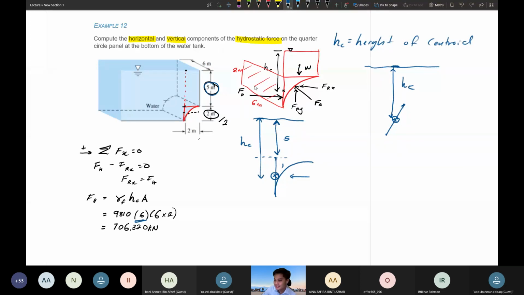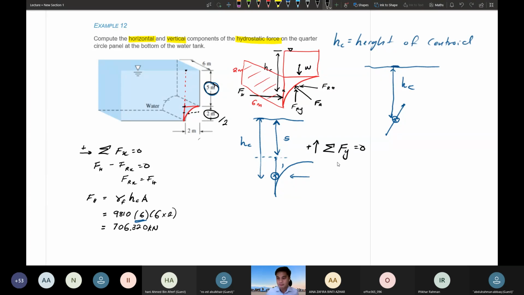Okay, so this is how you get the horizontal. And how to get the vertical? We apply the summation of forces in y vertical equal to 0. Please help me. What's the force involved in the vertical?